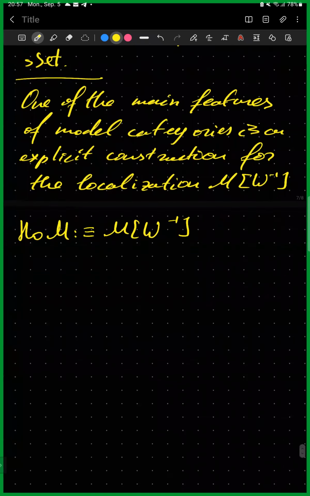So one useful observation is the following. Let me first define two classes of objects. Let X be an object of a model category. Then X is fibrant if the map from X to the terminal object is a fibration.